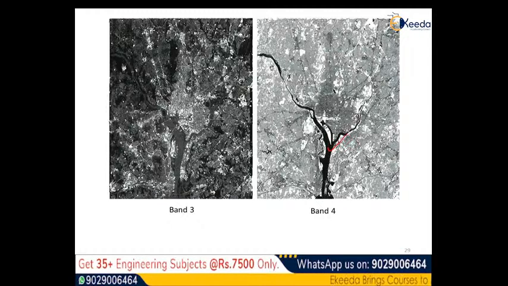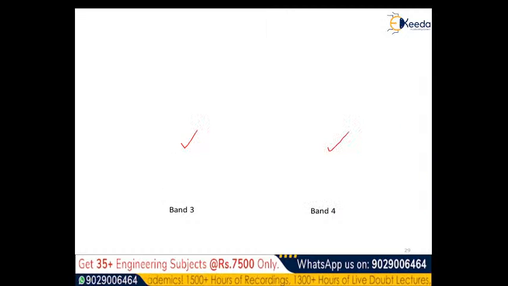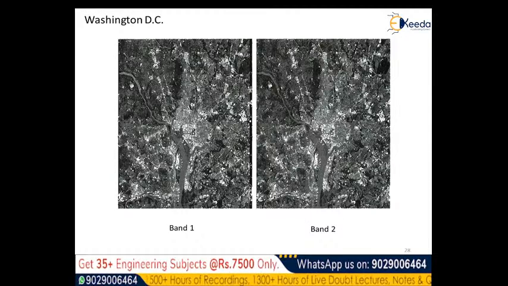The clarity of this river is different from band 1 to band 4, and these bands, as shown in figures A, B, C and D, correspond to red, green, blue and near infrared.